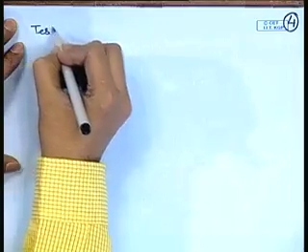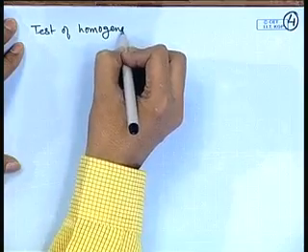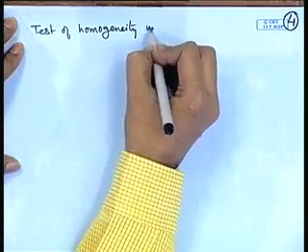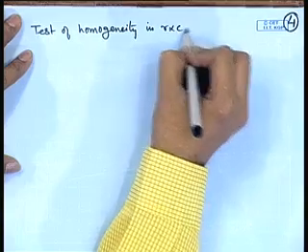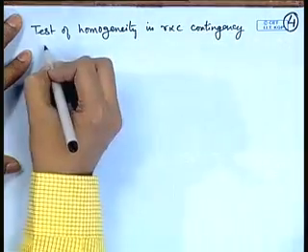So in place of independence, this is termed as test of homogeneity in R by C contingency tables.